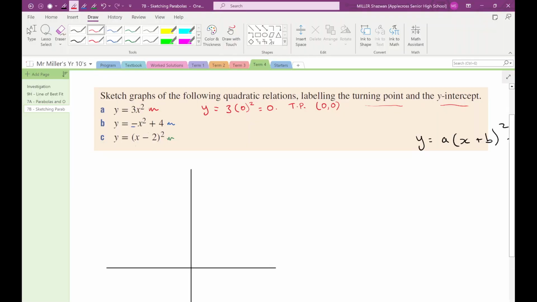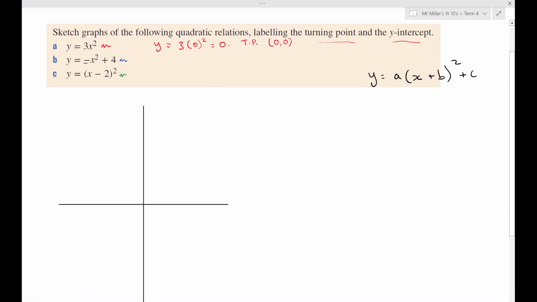A is the dilation factor. So I can see that y is equal to 3x squared is just a basic parabola, but dilated by a factor of 3. Its gradient is going to be increasing 3 times as fast. So that is just going to look something like this, a steep parabola basically.